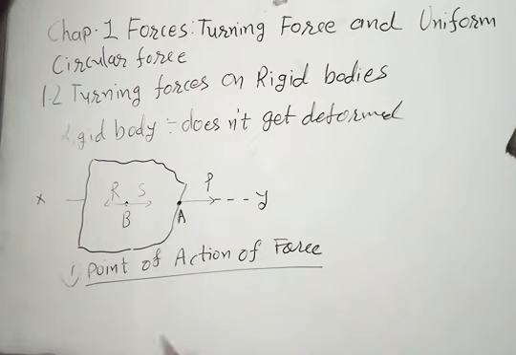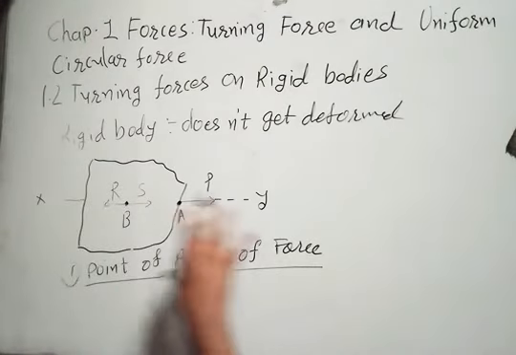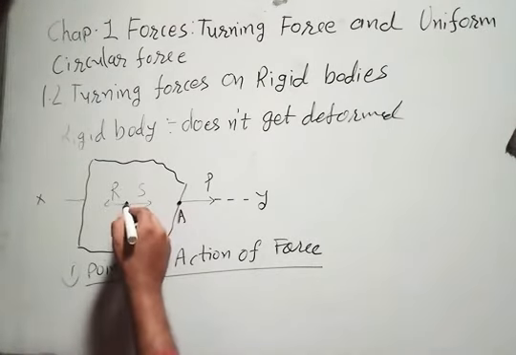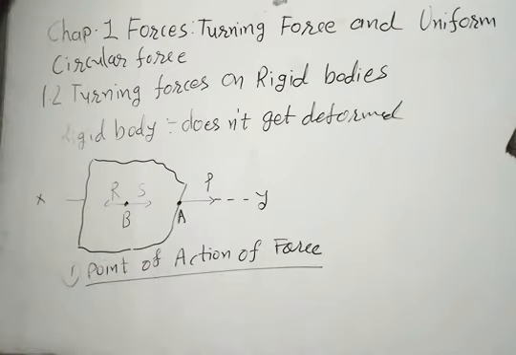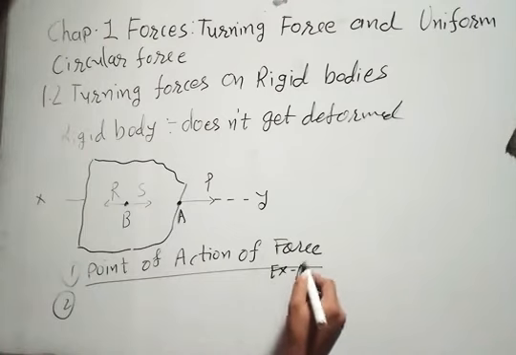Similarly, suppose this body is moving in the right hand direction, then point B is called the point of action of force. Whenever a force acts on a rigid body, that point is called the point of action of force. Clear? Here the example is point A.